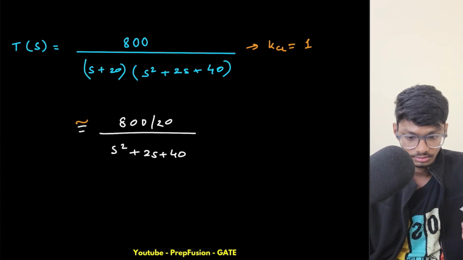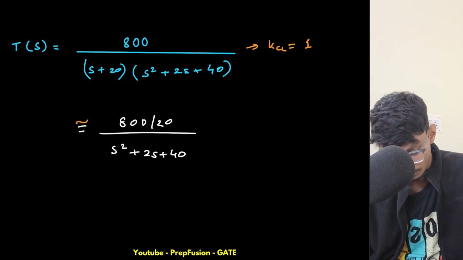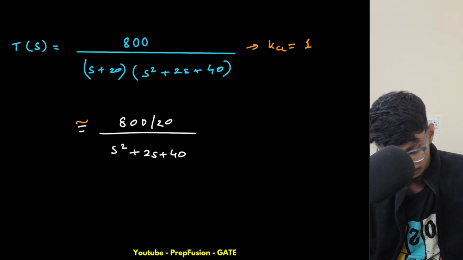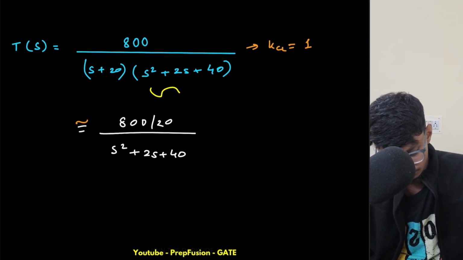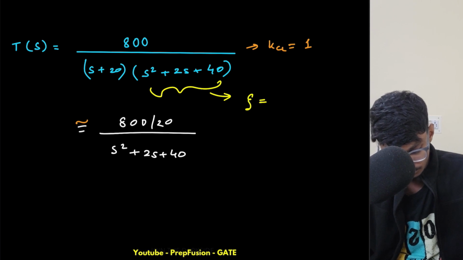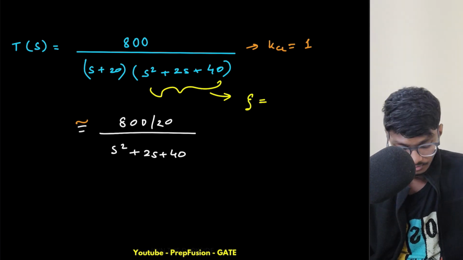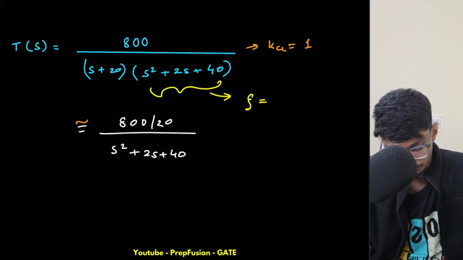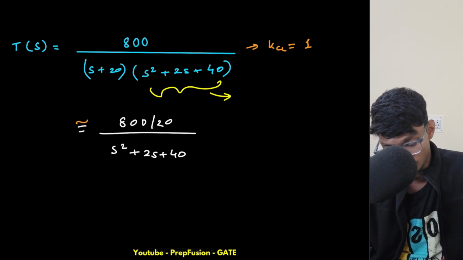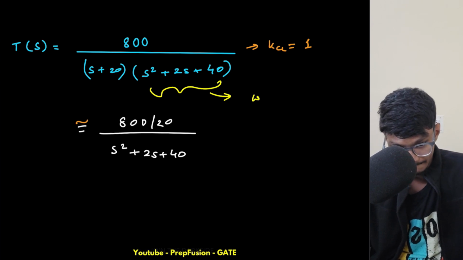If you find your zeta, then what is your zeta? I'm confused, sorry. Omega n square equals 40.